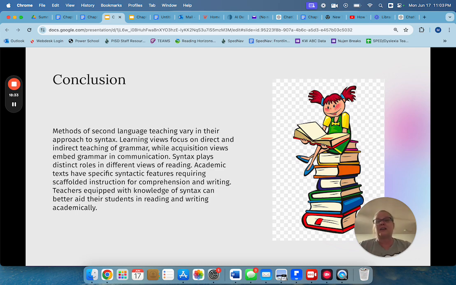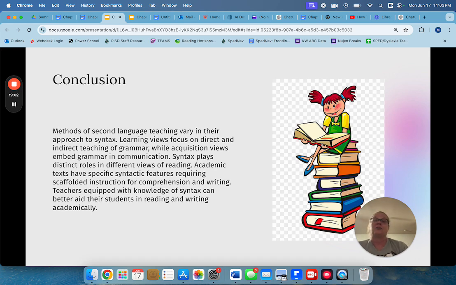So, in conclusion, second language teaching methods are going to vary in their approaches to syntax. We've got the learning views emphasizing direct and indirect grammar teaching, while acquisition views are going to be embedding grammar into communication. And syntax does play a different role in various views in reading.